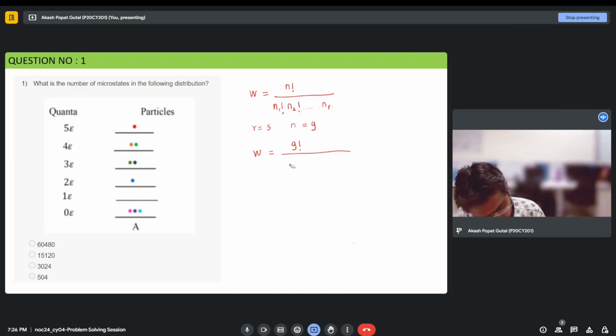Sorry, what is the value of n1? It is 3, n2 is 0, n3 is 1, n4 is 2, n5 is 2, and n6 is 1. So we have 3 factorial, 0 factorial, 1 factorial, into 2 factorial, into 2 factorial, into 1 factorial.